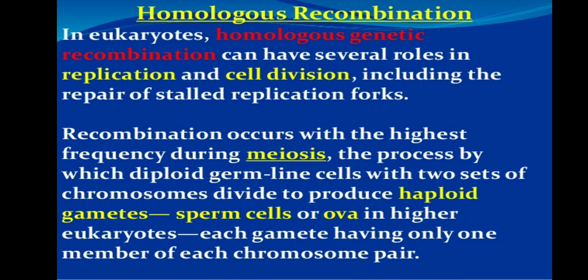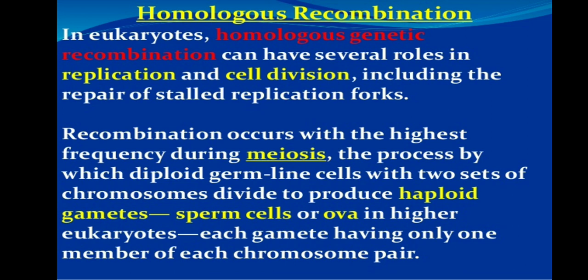So it leaves a gap in the daughter strands, and replication continues ahead of the damage. The gap left in the daughter molecules has to be filled. This is done by recombination between the complementary parent strands.